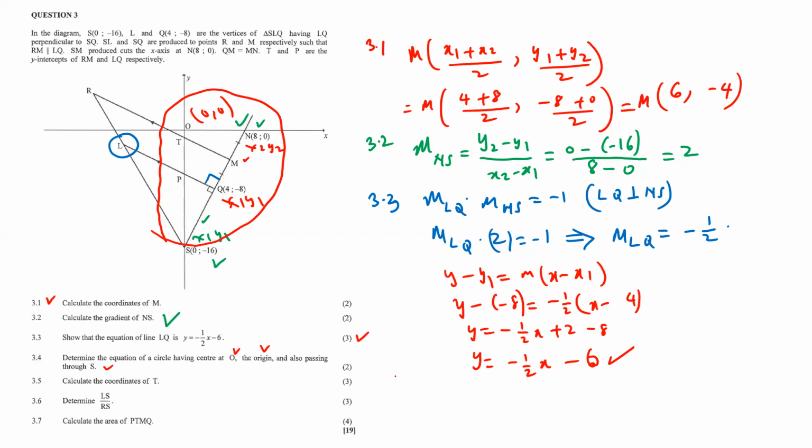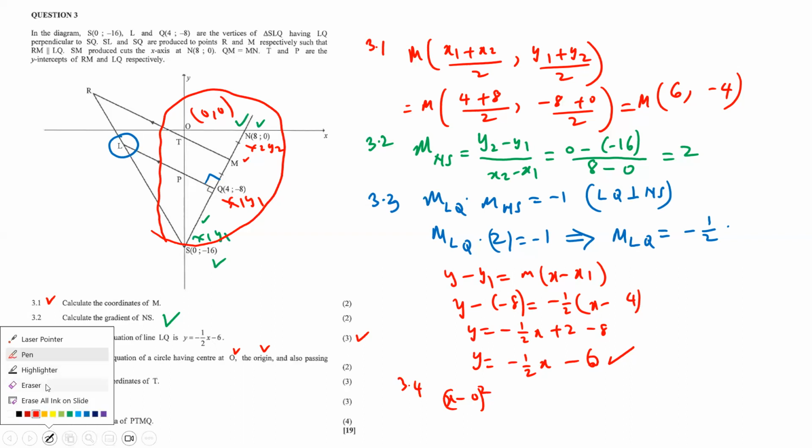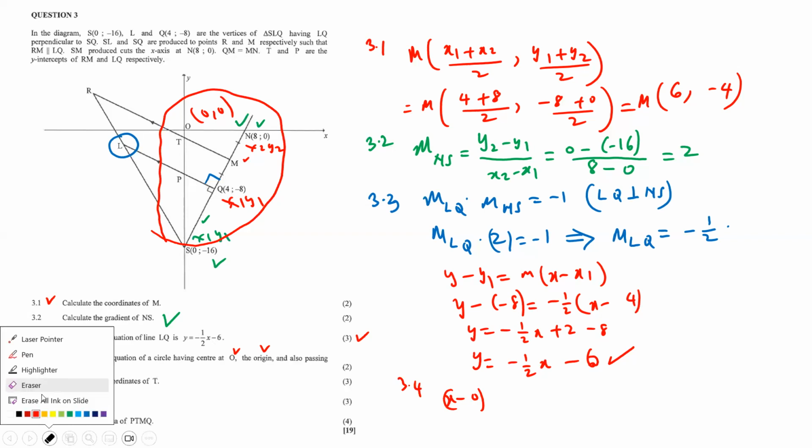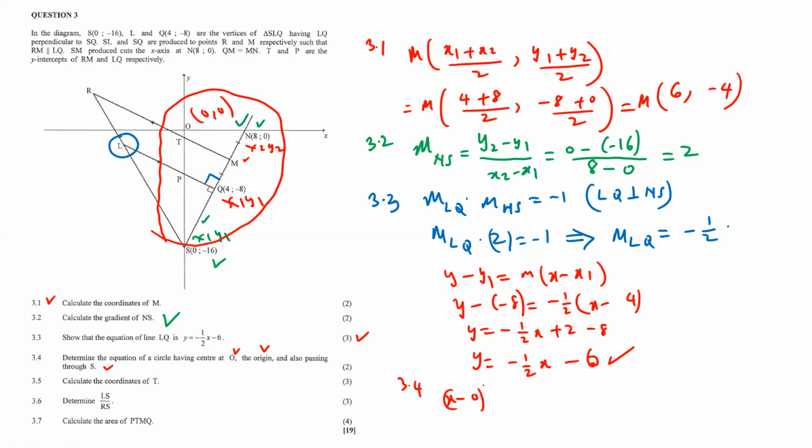First things first, you need to realize that that is very straightforward up there. So you'd have to do 3.4. If it passes through that, you'd have x minus 0 squared, and then y minus 0 squared is equal to.